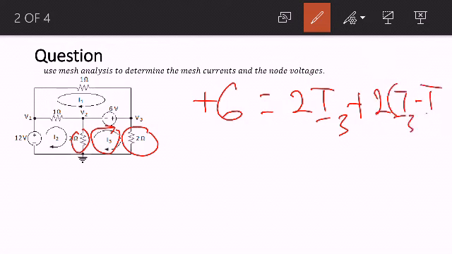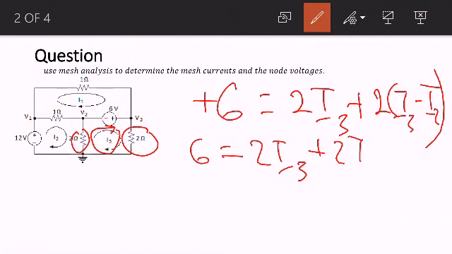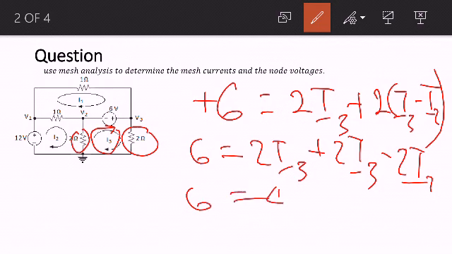Remember, it is I3 minus I2 because we are considering loop 3. So we have 6 equal to 2I3 plus 2I3 minus 2I2, which means 6 is equal to 4I3 minus 2I2.